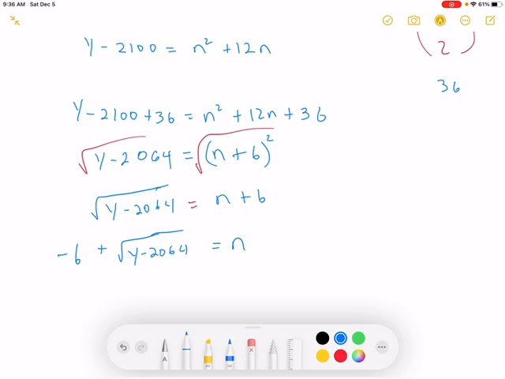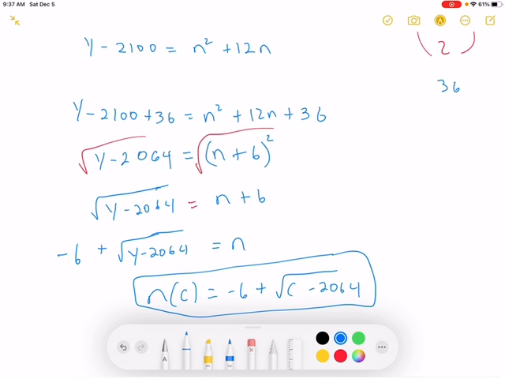So n is going to represent the units, and then y is going to be the cost. All right, that's the inverse. It's the inverse for number 7.